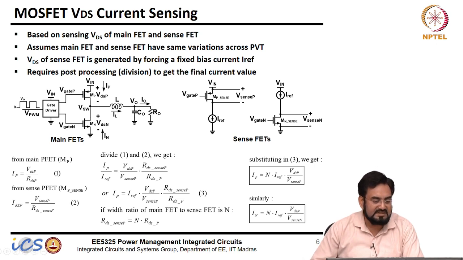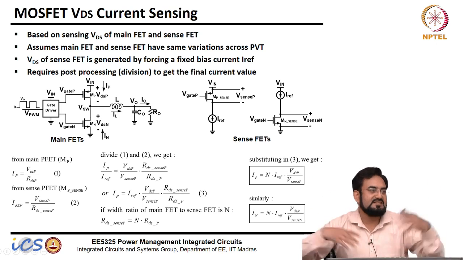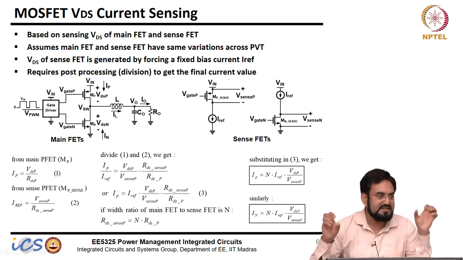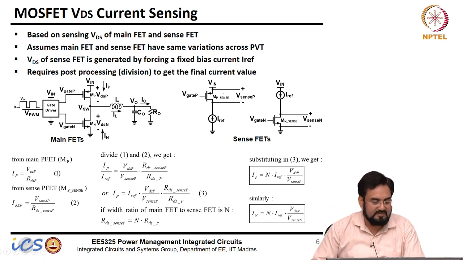IREF multiplied by the ratio of these two voltages will give me the load current. But let's say this RDS on changes, but they are the same devices. If this is increasing, this also increases, so that effect is cancelled out. The variation with PVT is cancelled out because they are the same type of devices. The temperature seen by this guy will also be seen by the other.